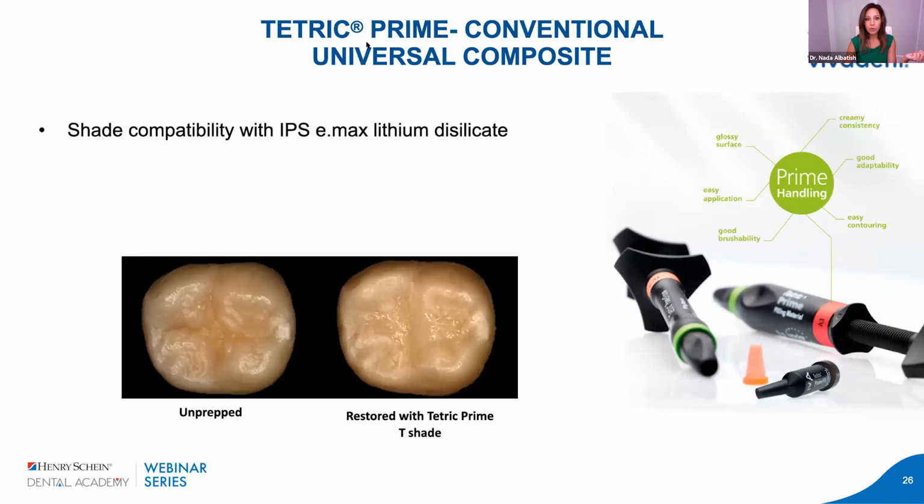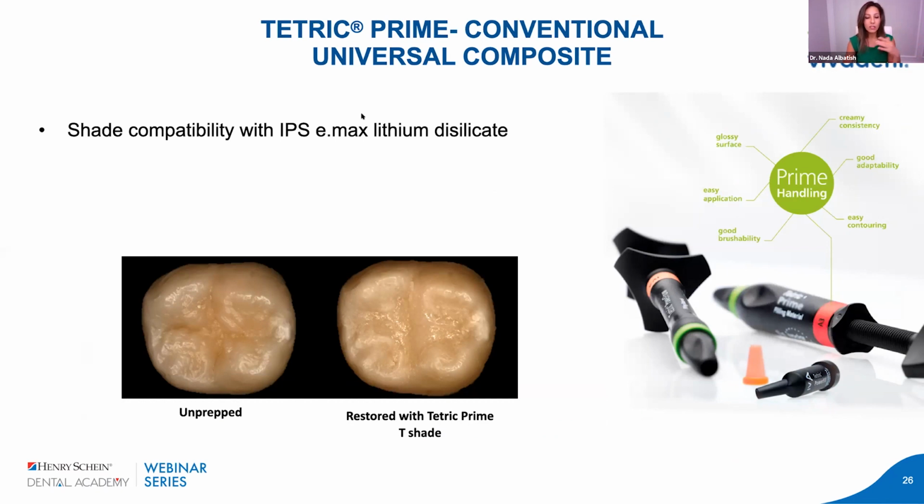So now I'm going to show you Tetric Prime. So I've talked to you about the Tetric Power Flow and Power Fill. That's what we just talked about. That's the flowable and packable bulk fill composite materials for your posterior teeth. And there are situations where you may want to use a conventional composite with 2 millimeter increment layering.